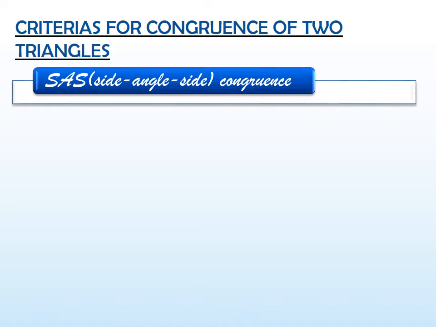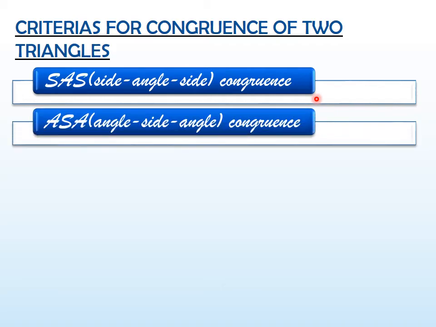So the first one is SAS. S stands for side, A stands for angle, and S stands for side. Side, angle, side. That means SAS congruence rule. Next one is the ASA or angle side angle congruence rule.